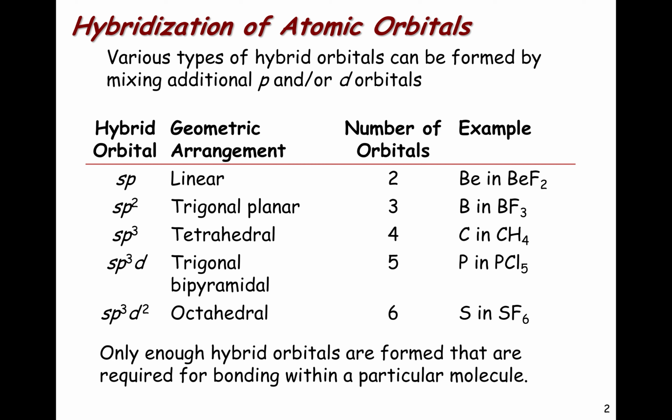In some cases where we can have exceptions to the octet rule, we would have a trigonal bipyramidal type structure where there would be 5 bonds. In this case, we have to start to use d orbitals.